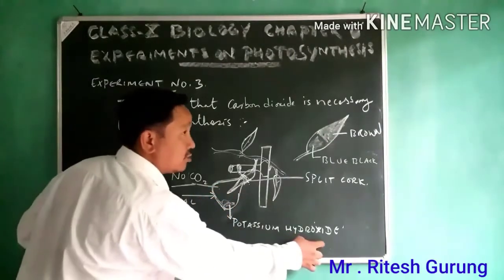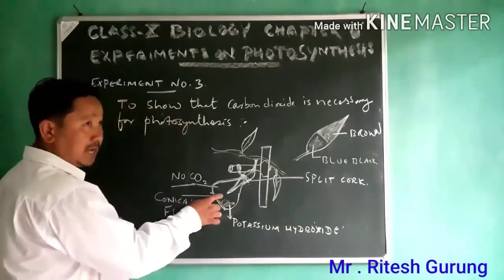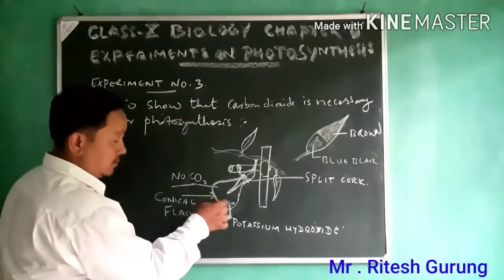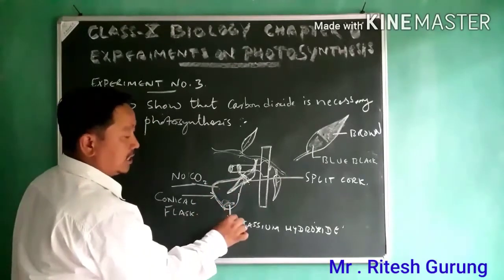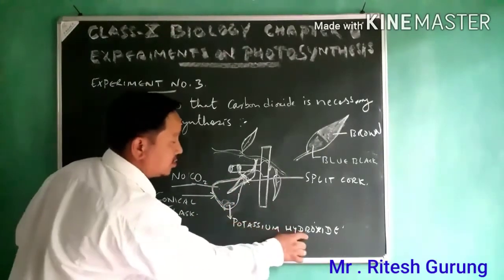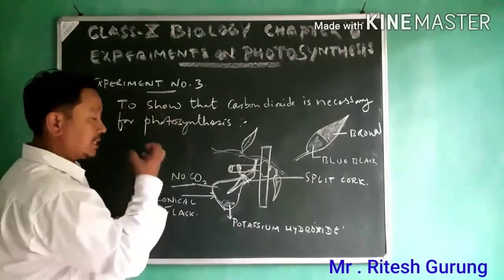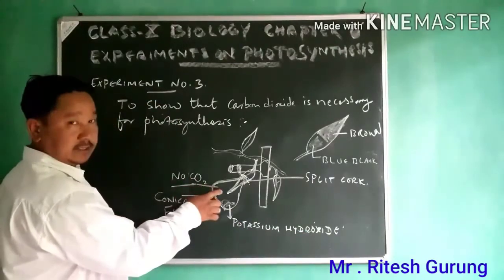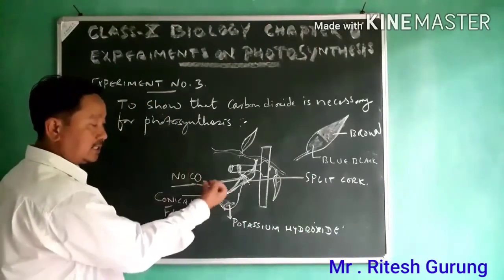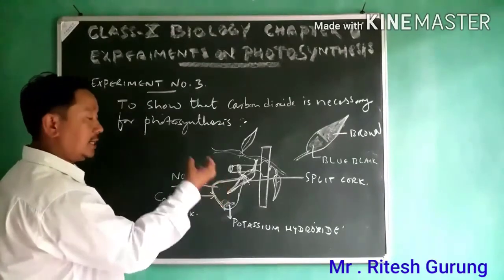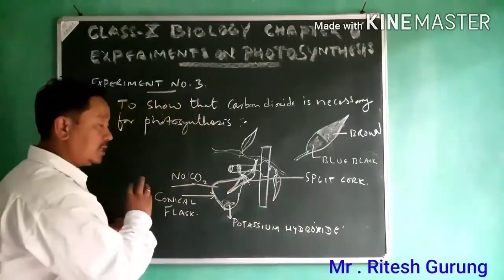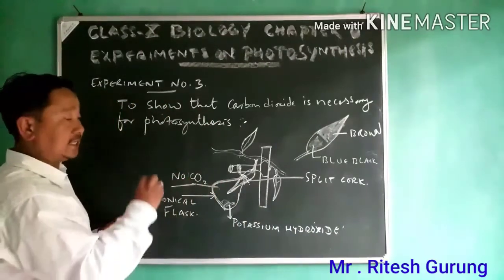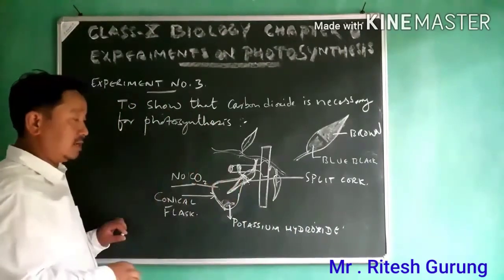containing potassium hydroxide. See here, this conical flask is already containing a chemical called potassium hydroxide, which can absorb carbon dioxide. So if any carbon dioxide is there in the conical flask, it is already absorbed by potassium hydroxide. That means there is no carbon dioxide at all in this conical flask.